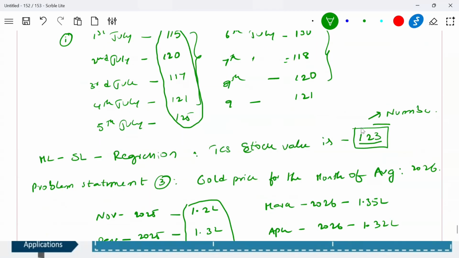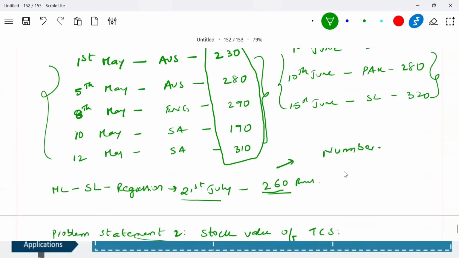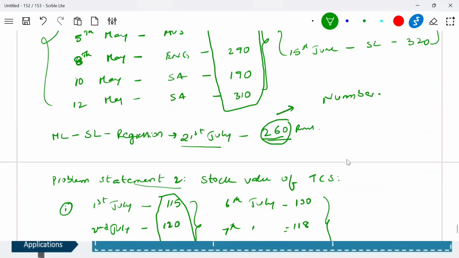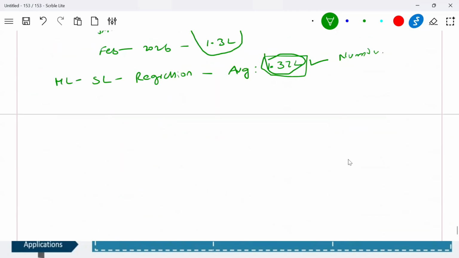What we are predicting is a stock price. What is this value? It is a numeric value. Runs scored by India. What is this value? It is a numeric value. Okay. So regression means predicting a numeric value.